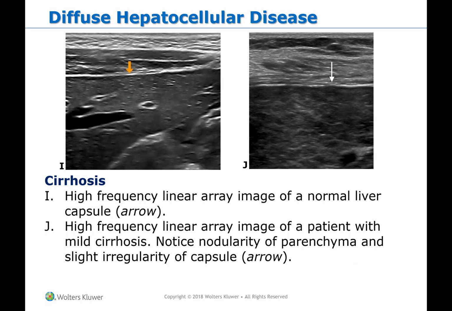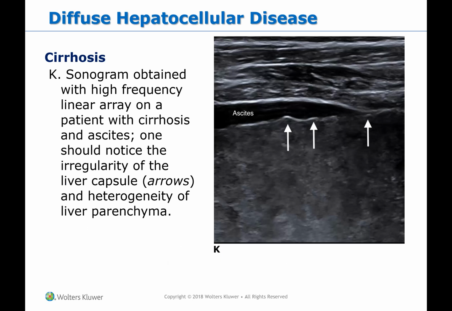So I is a normal liver capsule, and J has mild cirrhosis, the nodularity of the parenchyma, and slight irregularity of the capsule. Here's another picture of it, how it's all jagged.